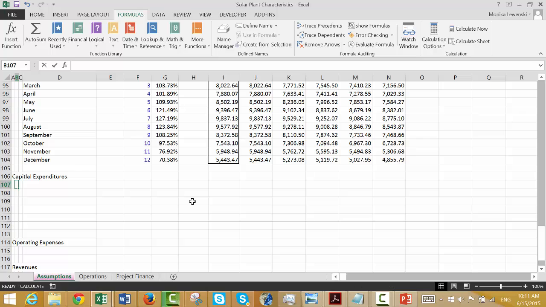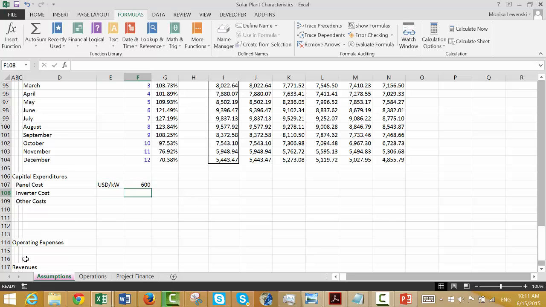Let's first put the panel cost, and then we have the inverter cost, and then we have other costs. Now, to get the panel cost, I'm going to put this in USD per kilowatt, and let's put about 600.